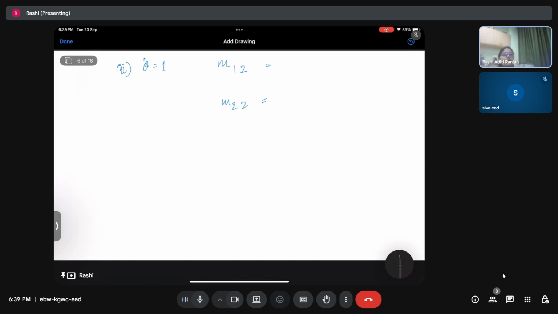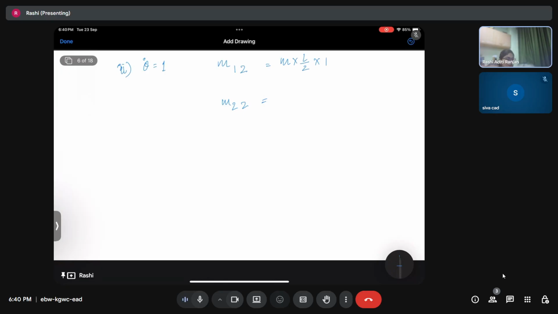Simple. So if my small mass m is given an initial velocity of theta dot, the velocity of the center of mass is going to be L by 2 into 1, and into the mass of the compound pendulum. So m into L by 2 into 1, right? Similarly, for M22, what do we have to find out?